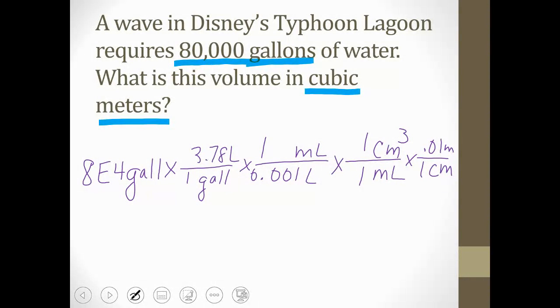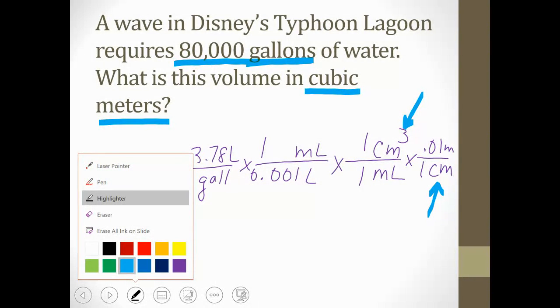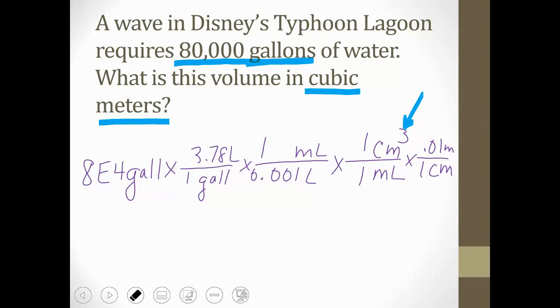Now this cube is sticking out to me like a sore thumb, because down here we just have centimeters. It's not centimeters cubed. So what you have to do to get that cubed is just cube that factor.